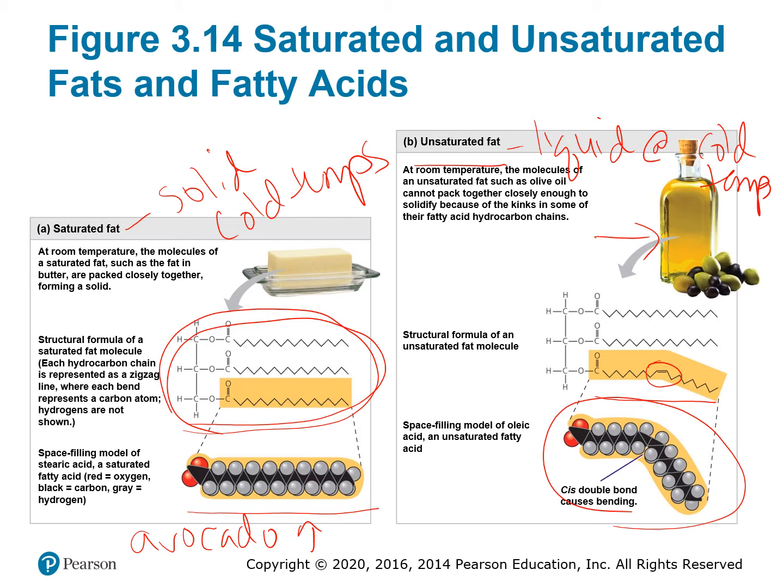This is also true for coconut oils. If you've ever bought coconut oil, you know that it has a tendency to solidify if you leave it on the shelf in your pantry, as opposed to, say, olive oil, which stays liquid.